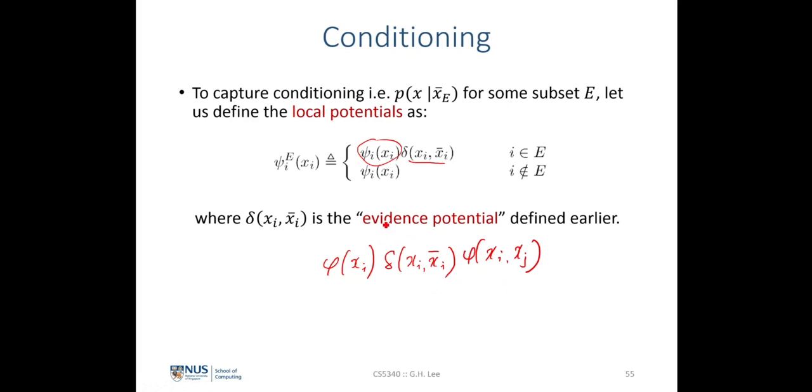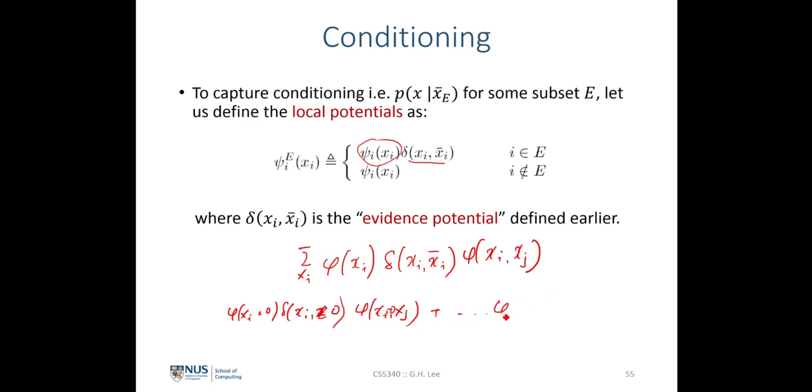So in this case, the summation over x_i would have to be taken all together. What this simply means is that I'm evaluating over x_i equals 0, for example, delta of x_i and x_i bar, and phi of x_i, x_j equals 0, and so on and so forth.